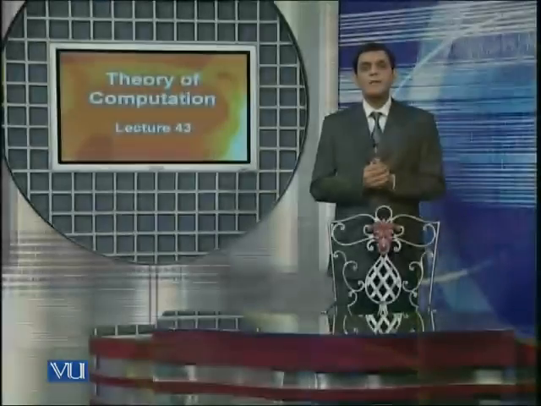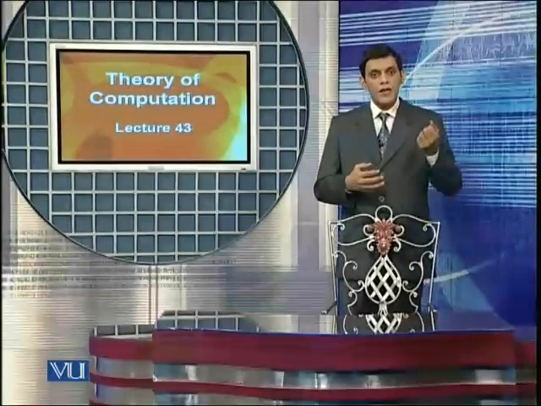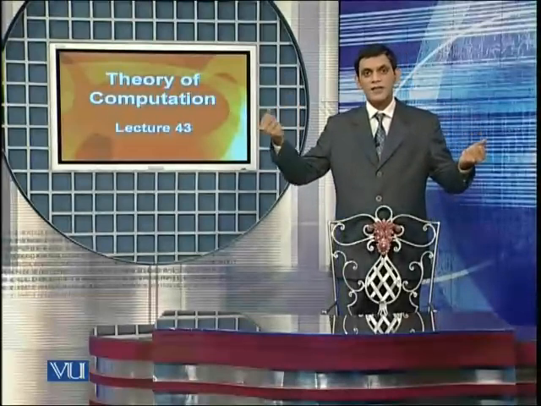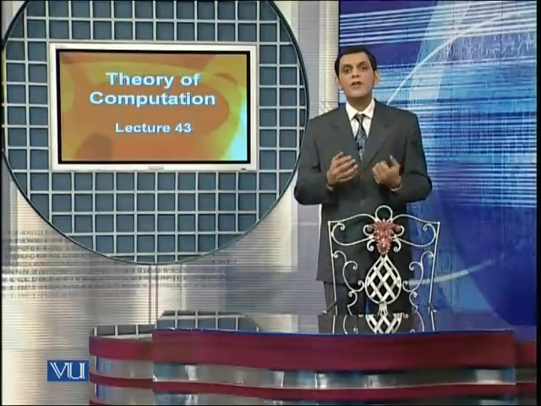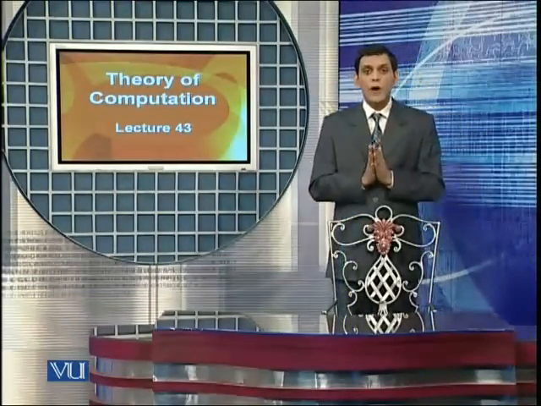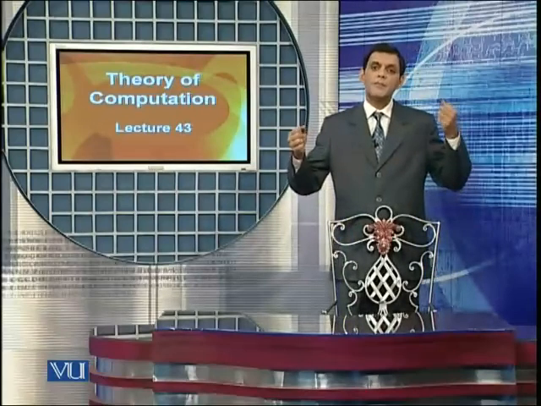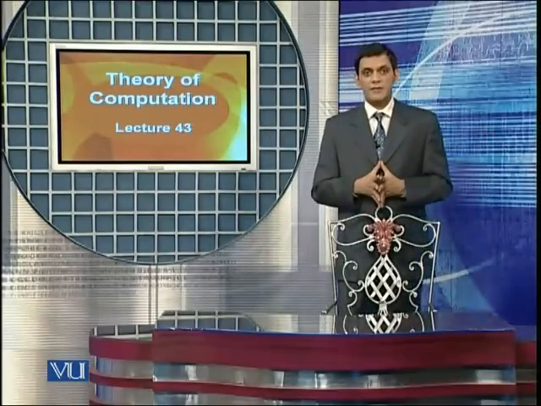Remember, in a non-deterministic Turing machine, we had the power of guessing. So you're given a source vertex S and a target vertex T, and you want to design a non-deterministic Turing machine, at least one branch of which will accept if there is a path from S to T. Otherwise, all branches should reject.